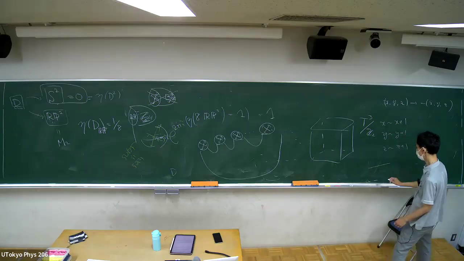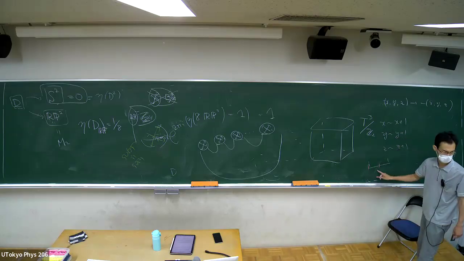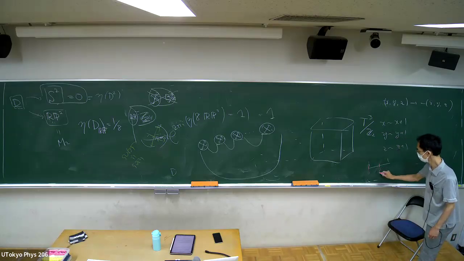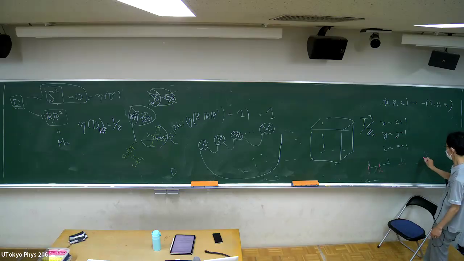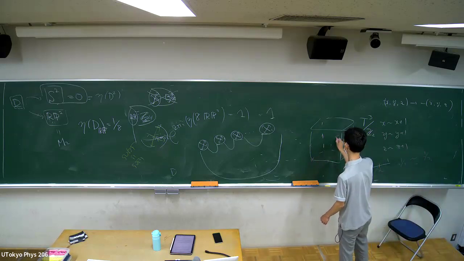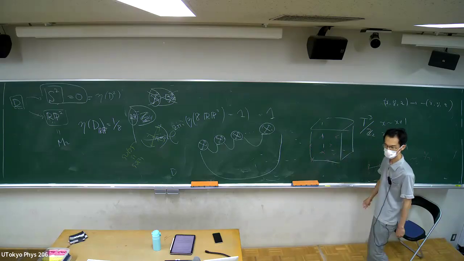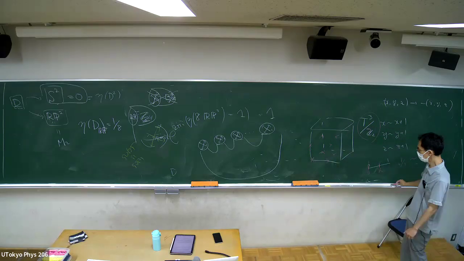If you have just one direction from 0 to 1, then if you take the Z2 quotient, there are two fixed points, at 0 and 1/2, because plus 1/2 and minus 1/2 are shifted by 1. This means that there are actually 8 fixed points in this T3 over Z2.